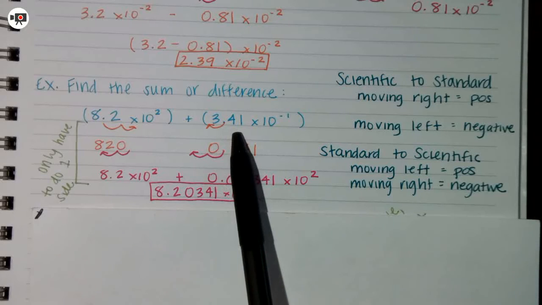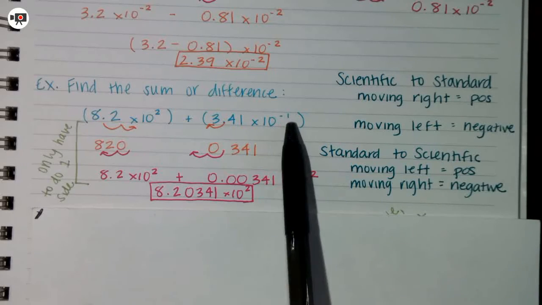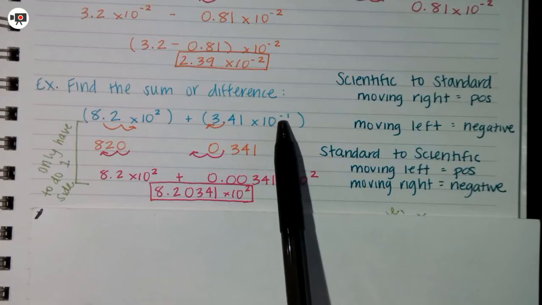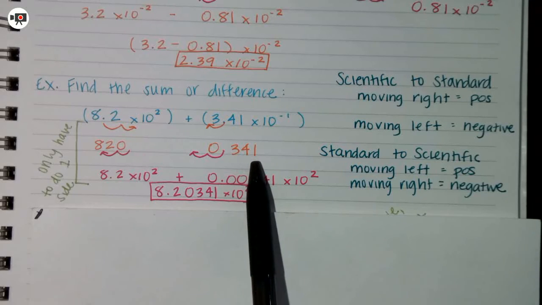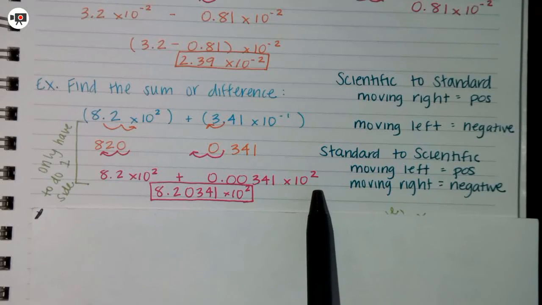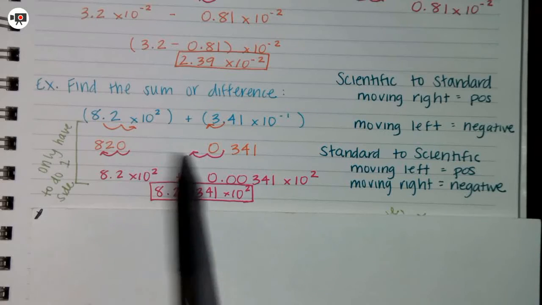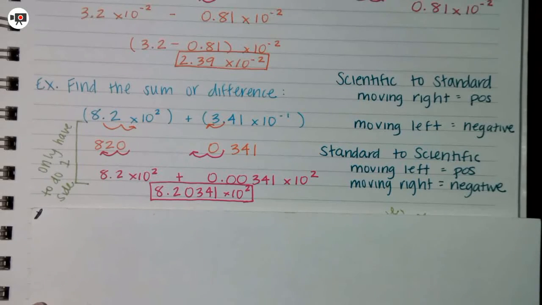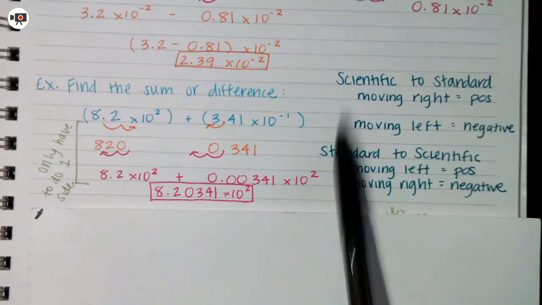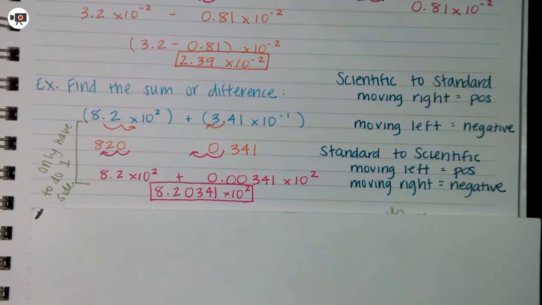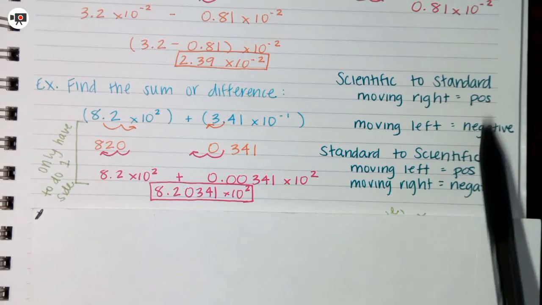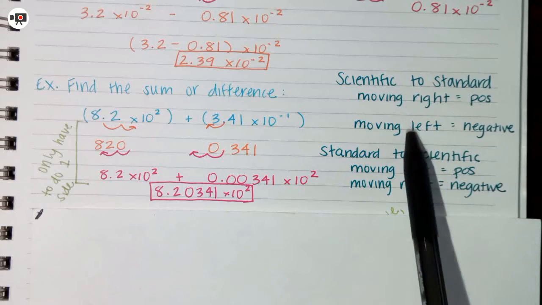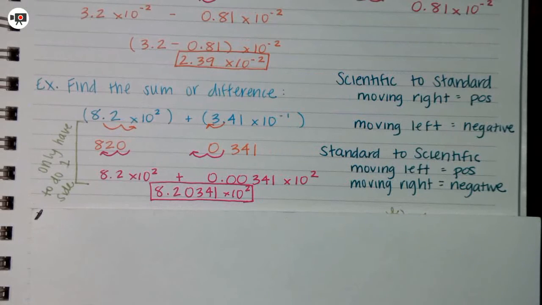This 3.41, if I move my decimal once to the left, because I have a negative 1, I get 0.341. Now to put a power of 2, I will move it twice to the left. You can see I have a little reminder of what exponent you have, positive or negative, when moving your decimal.